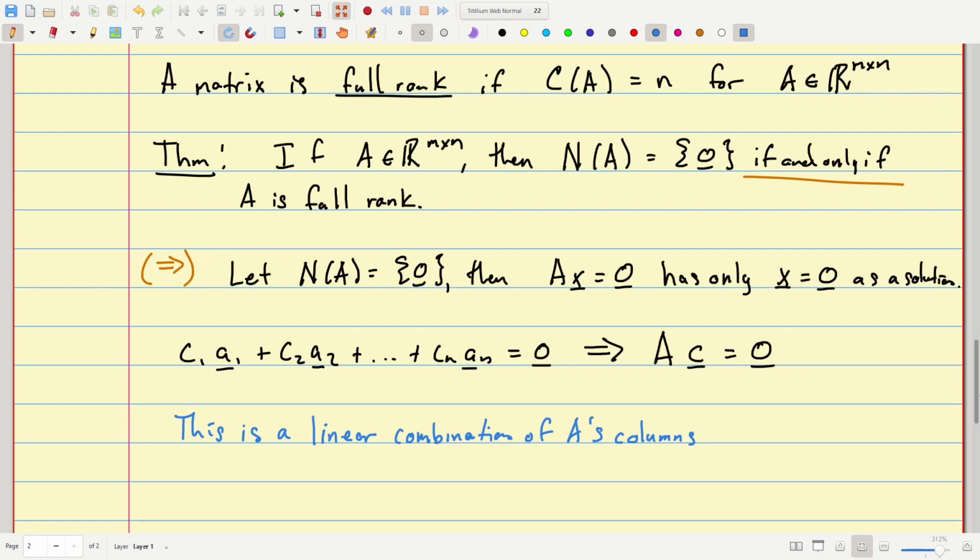The only way for me to get a linear combination of A's columns to be equal to the 0 vector is for c to be the 0 vector itself. I have proven that the columns are linearly independent. A is full rank.